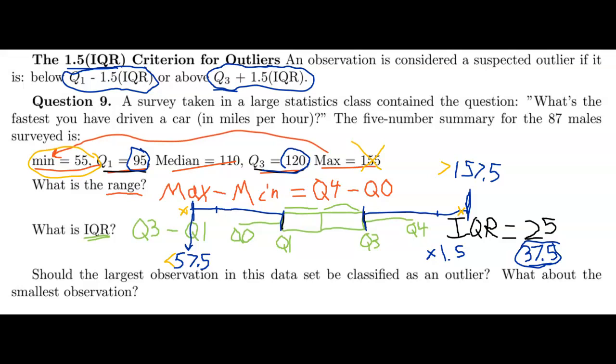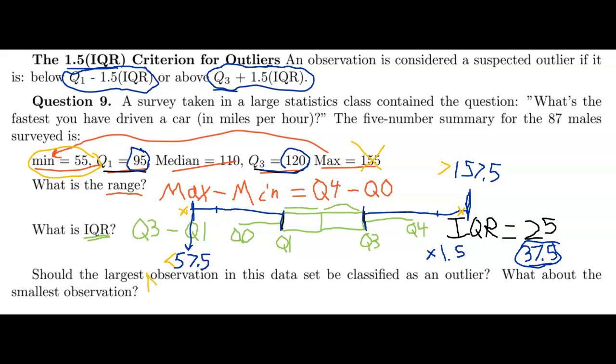We do know 55 is pretty far from 110, the middle. We know 155 is pretty far from 110, the middle. So we can't really just eyeball it. We need this criterion. So according to this criterion, only the minimum could be classified as an outlier.